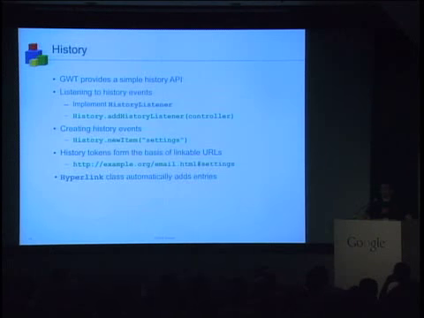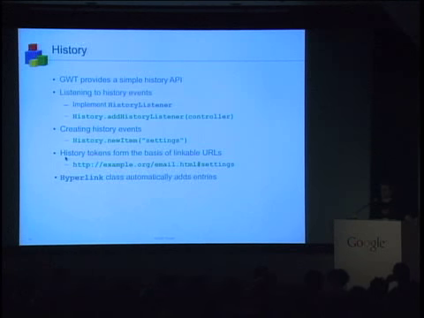So GWT provides a simple history API. You can listen to history events by implementing this interface. You can create history events, and history tokens form the basis of linkable URLs. So history tokens, you can see here we have a hash in the URL and it says settings.